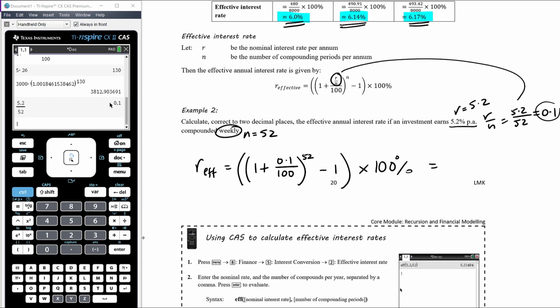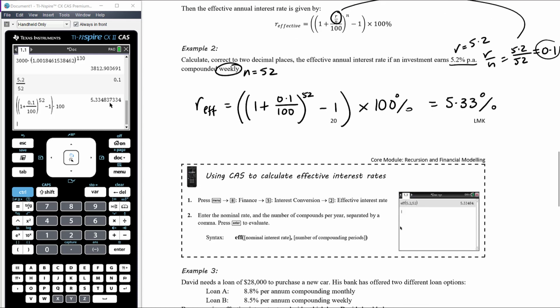So if I type that into my calculator, I'm going to have 1 plus 0.1 over 100, and then that to the power of 52, and then we are subtracting 1, and then we're going to multiply that by 100 to change it to a percentage. We want 2 decimal places, so that to 2 decimal places will be 5.33%.